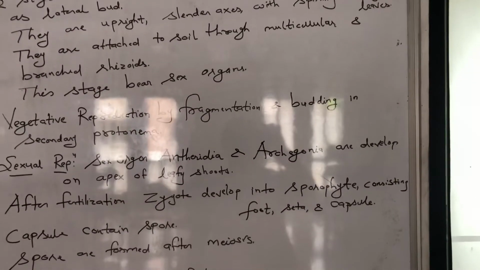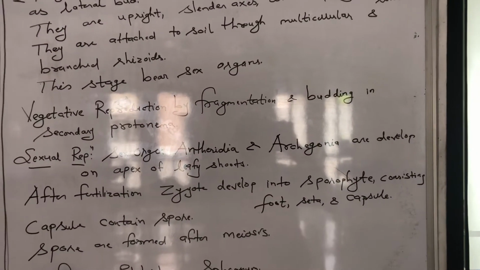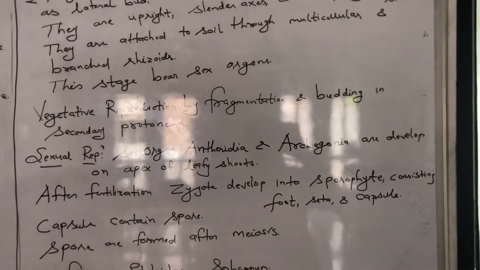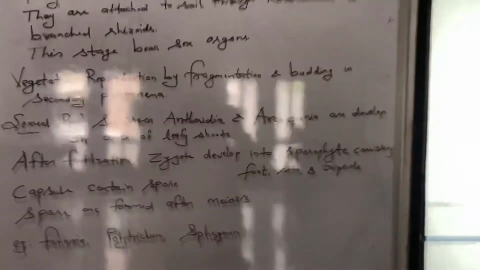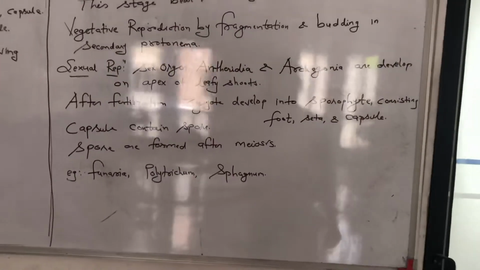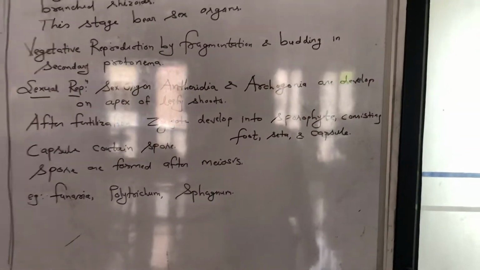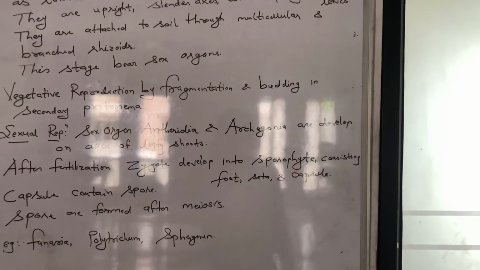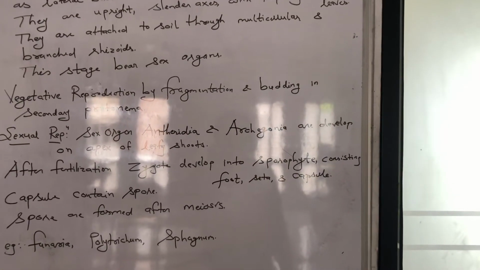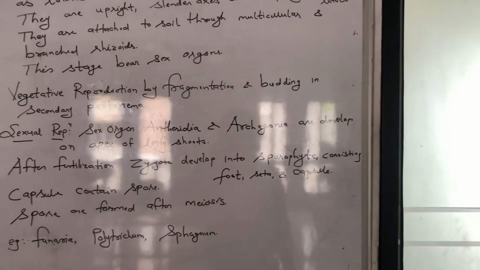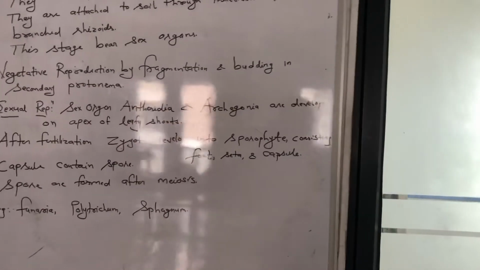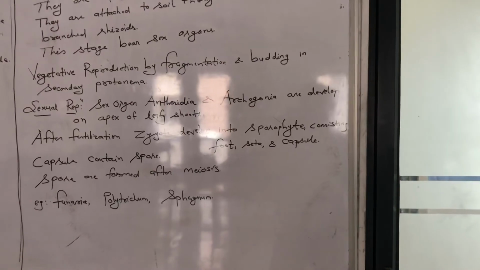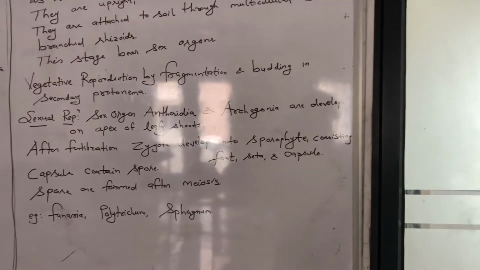This stage bears sex organs; after attaining this stage, they will bear sex organs. Now vegetative reproduction takes place by budding or fragmentation through the secondary protonema, and in sexual reproduction, the sex organs are antheridia and archegonia, which are developed on the apex of a leafy shoot, right?